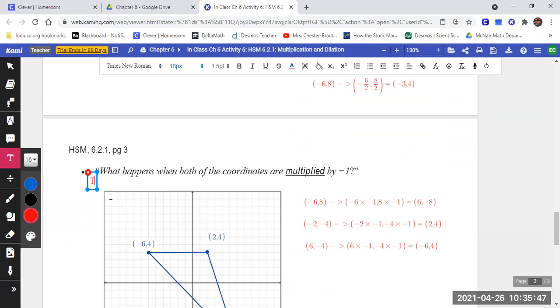What are we going to say the triangle did when we multiply x and y by -1? We have to answer their question. Rotates. What's the real phrase?